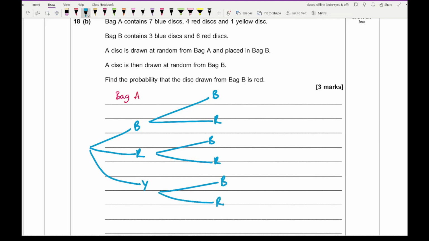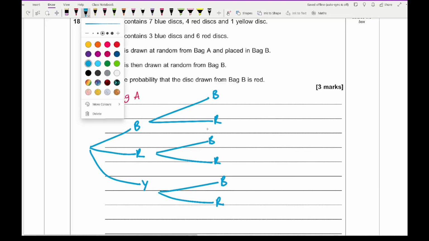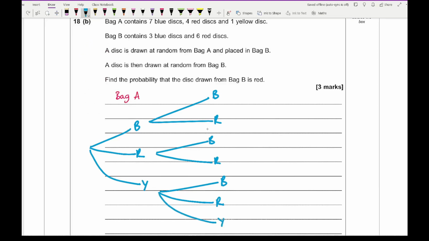Now bag B doesn't have any yellow discs, so that's going to be absolutely fine. So in terms of looking at this, well actually that one's going to have a yellow, so we'll just add that in, and this is bag B.